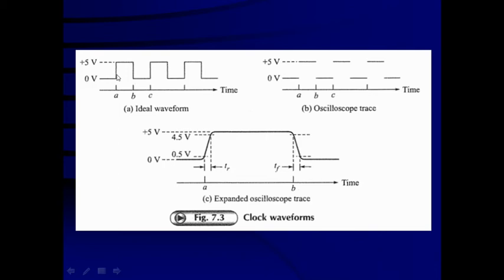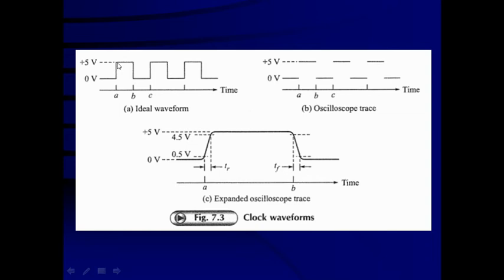At instant A, the level is changing from low to high. Before time A, the level is low, and it corresponds to a voltage level of exactly 0 volt, ground potential. And at instant A, it is going from 0 to 1. That means the level is changing from 0 to 5 volt.